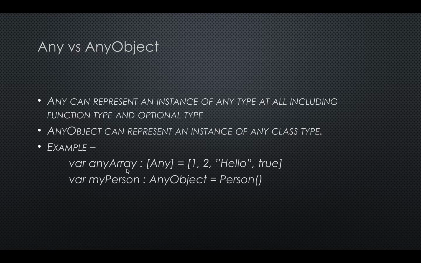In this example, you can see an Any array. This array can hold integers, strings, and booleans, whereas my person is an AnyObject and it holds a Person object. So AnyObject can be used with class type, whereas Any can be used with data types, function types and optional types.